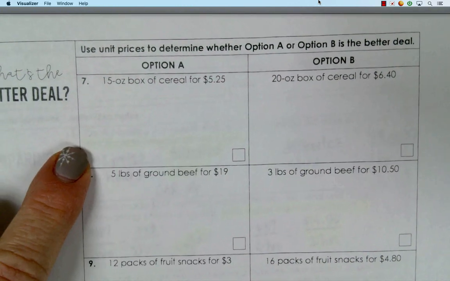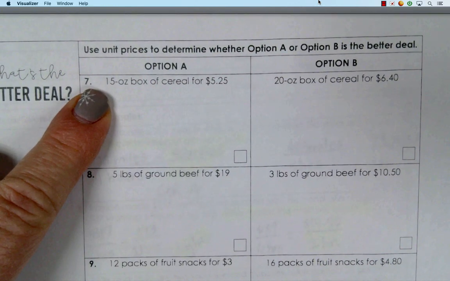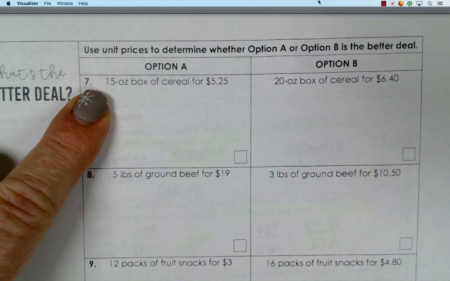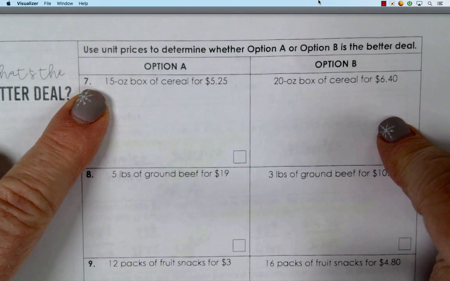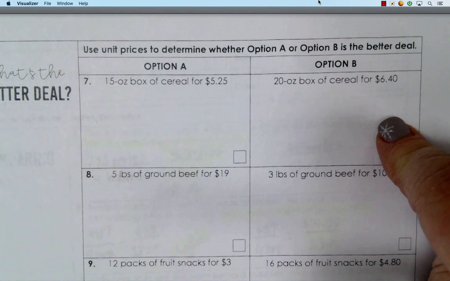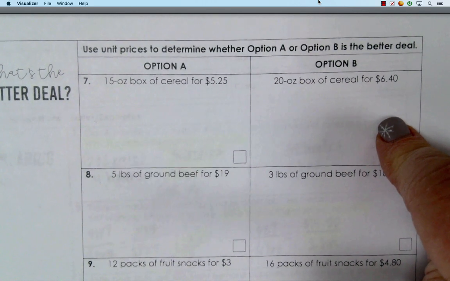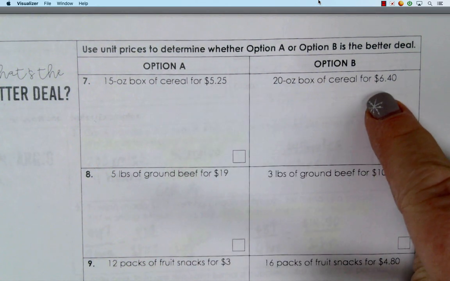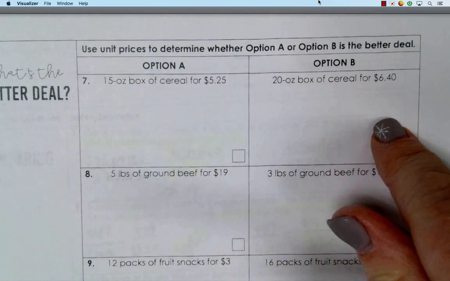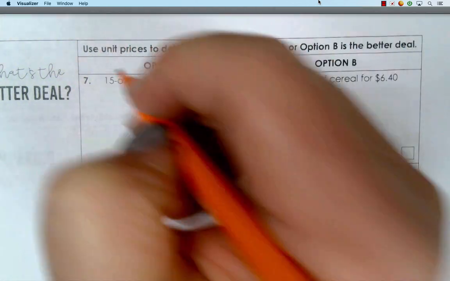So number 7, I have a 15-ounce box of cereal for $5.25. And over here, I have a 20-ounce box of cereal for $6.40. Okay, so we need to find the unit rate. Now, when we are dealing with money, okay, money is going to be my numerator in all of these examples.